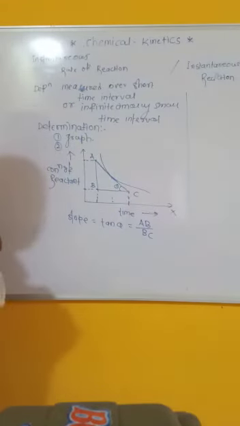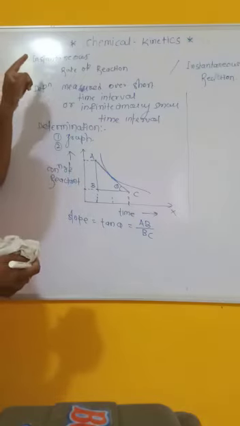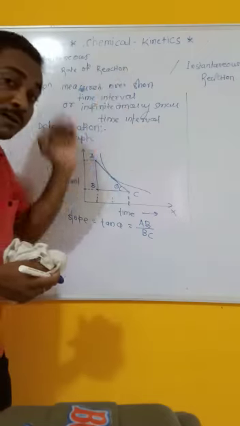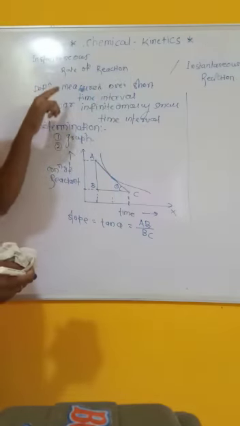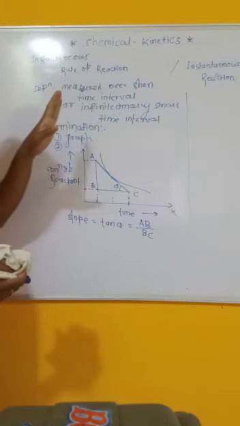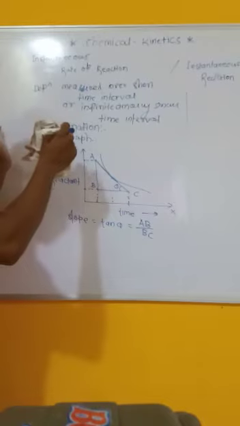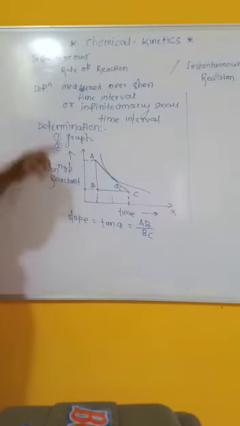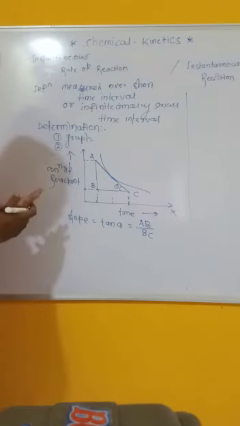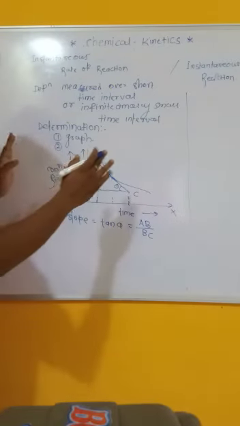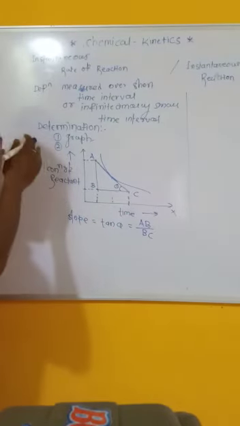So, the average rate of reaction is measured for a long time interval. The instantaneous rate of reaction is measured for a short time interval. Both values are measured by using a graph. The graph plotted is the same in both cases, time versus concentration of reactant.